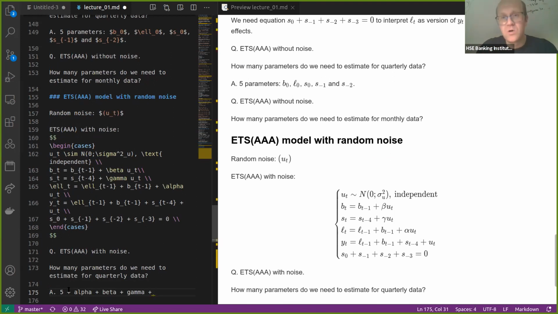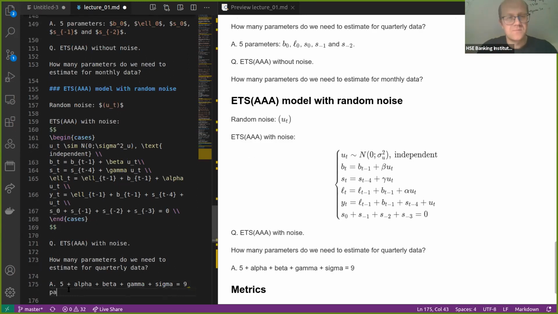Just look at the equation. No, UT is not a parameter. It's a random variable. Yes, sigma or sigma squared. We will also estimate not only the force with which UT influences every equation, but the amplitude of UT is also estimated. So we finally have 9 parameters to estimate.